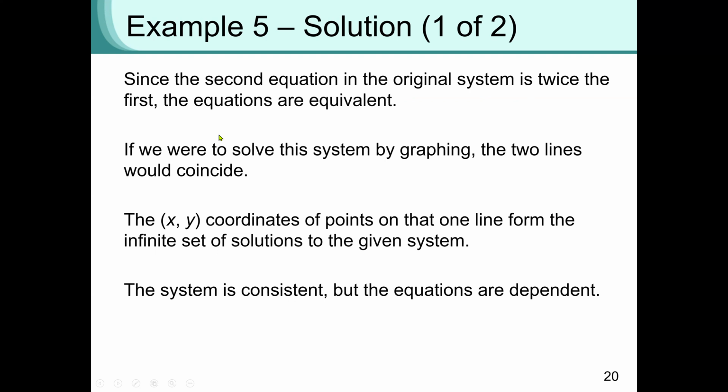That means it will be the same line. They are all going to be on each other. So the x and y coordinates of the points on the one line form the infinite set of solutions to the given system. So here we say the system is consistent. The only thing, it has a lot of solutions. But the equations are dependent. Infinity solutions.